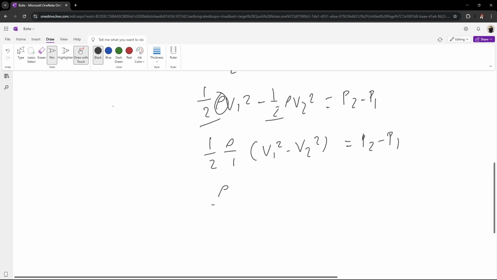To make it look easier, V1 squared minus V2 squared is equal to P2 minus P1.